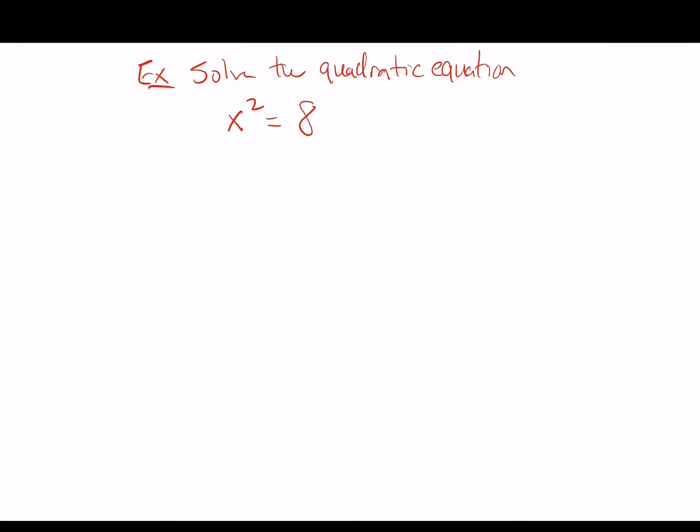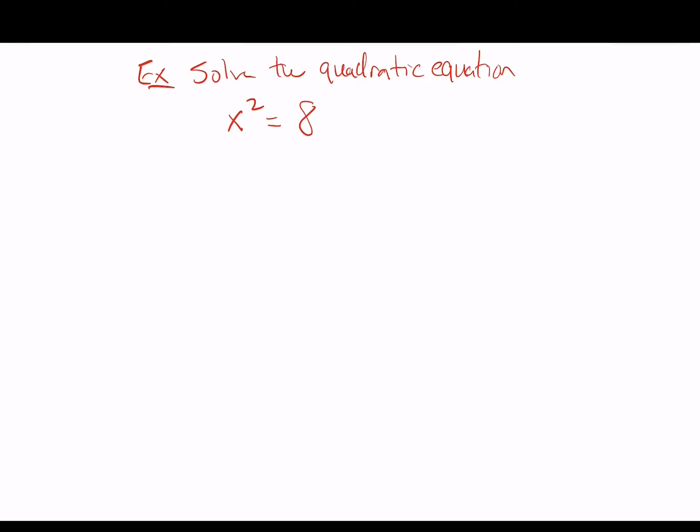We're asked here to solve the quadratic equation x squared is equal to 8. So the square root property says that if we have x squared by itself equal to some non-zero real number, then we can take the square root of both sides and find the solutions.